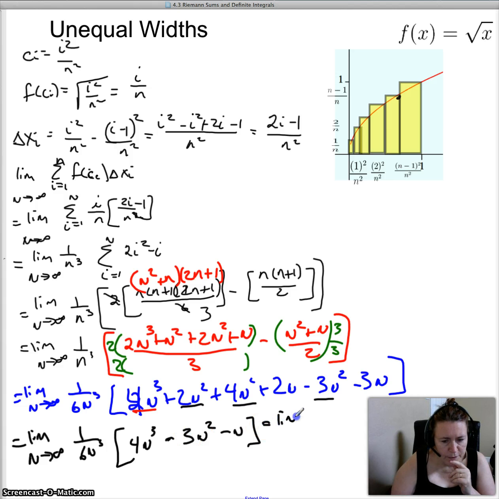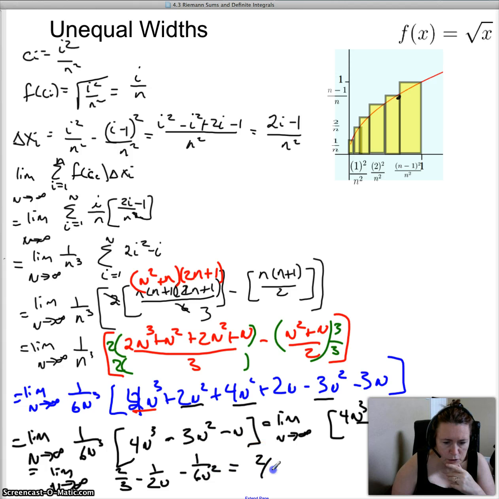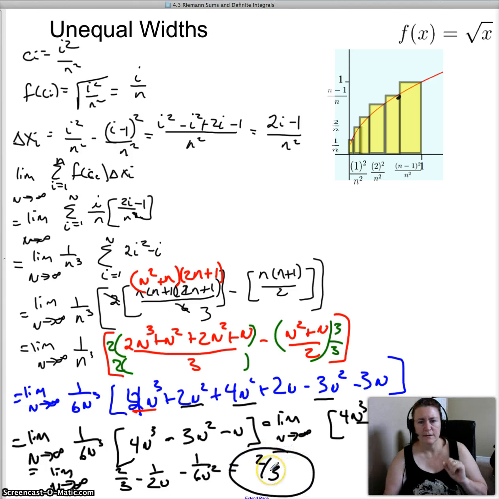So this is the limit as n goes to infinity of 4n cubed minus 3n squared minus n divided by 6n cubed. I know it's hard to read. So that's the limit as n goes to infinity of 2/3 minus 1 over 2n minus 1 over 6n squared, which is 2/3. I know it's a lot of work.